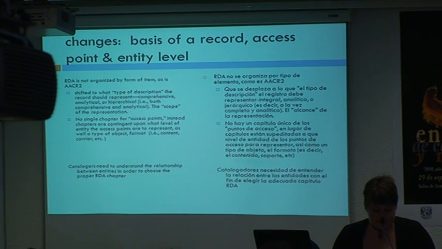If we look at Chapter 6, identifying works and expressions, and in particular some rules in the 6.27 sequence, it's very important you look at the scope of the rules overall, Rule 6.0.